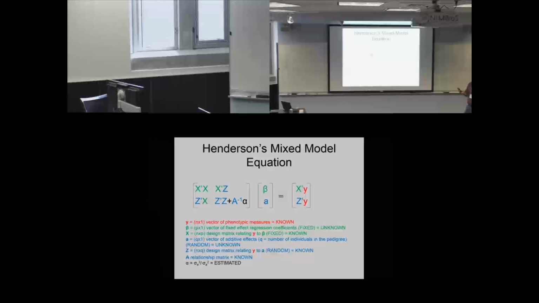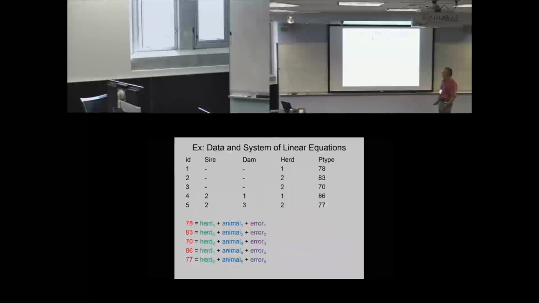All right. So let's work through a very simple toy example where we only have 5 individuals and it's easy to see everything and see how this actually works. Here we have a very simple data set with 5 individuals. For some of the individuals we know who their parents are, and some of them we don't.